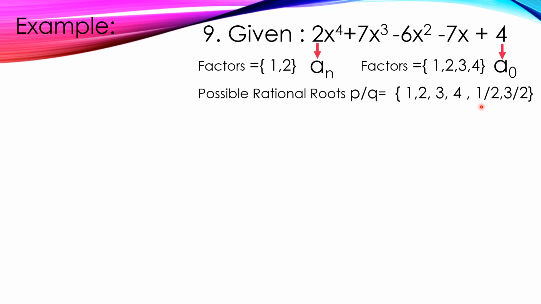And then to obtain the fractional form, just divide this given set of factors by the factors of a sub n, so that we will come up with 1 half and 3 halves.